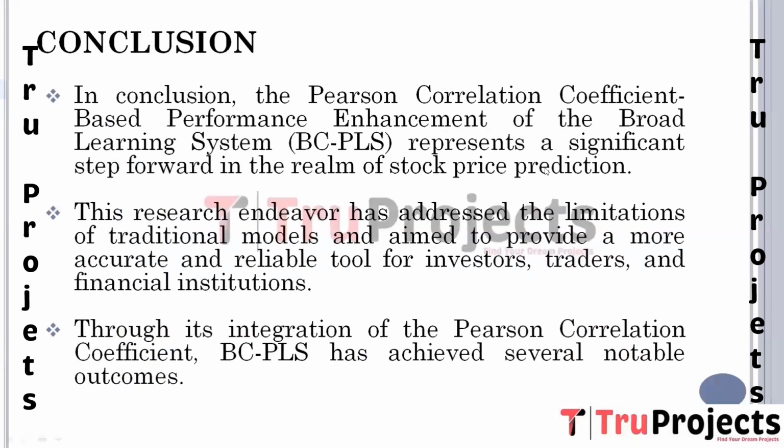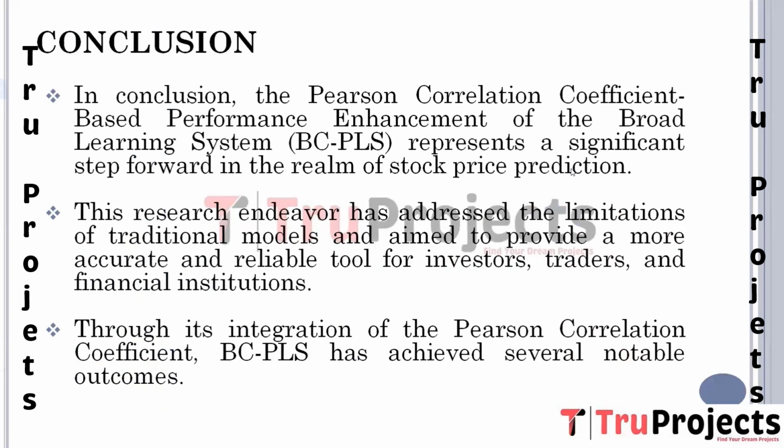So now coming back to the conclusion part, BCPLS has made significant strides in advancing stock price prediction by harnessing the power of the Pearson correlation coefficient and integrating it with a broad learning system. This research endeavor holds the potential to empower individuals and organizations with more accurate, robust, and interpretable predictions, ultimately assisting them in navigating the complexities of the financial markets and making informed decisions in an ever-evolving landscape.